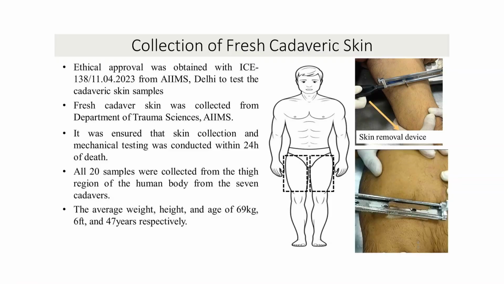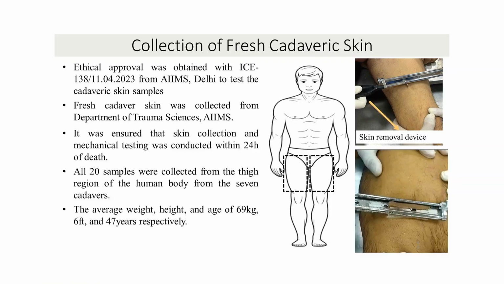After this, once this proposal was through, we could take out fresh cadaveric skin from the Department of Trauma Sciences in AIIMS, where we had a collaboration. Here you see a lot of trauma cases where a person is dead on arrival, and within 7 or 10 hours you get fresh cadavers, with all the help from AIIMS.